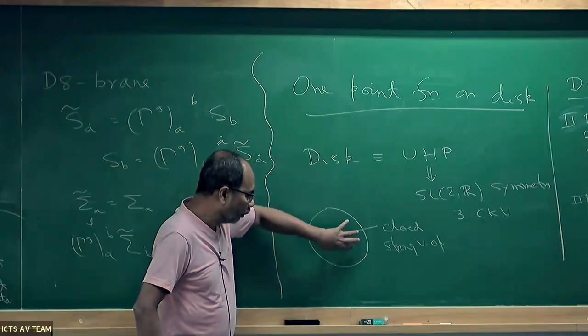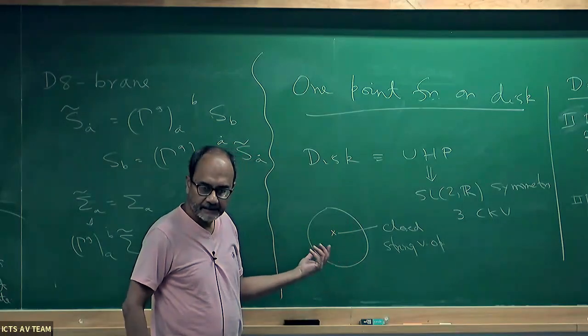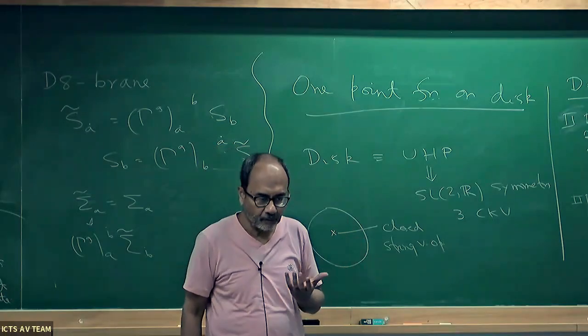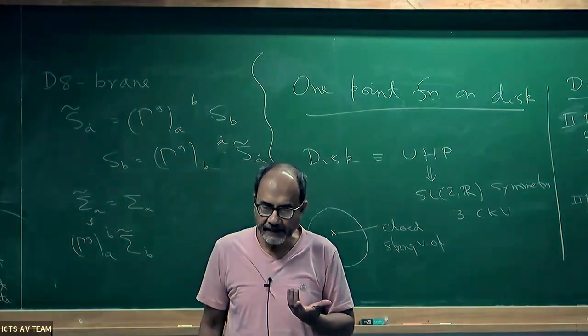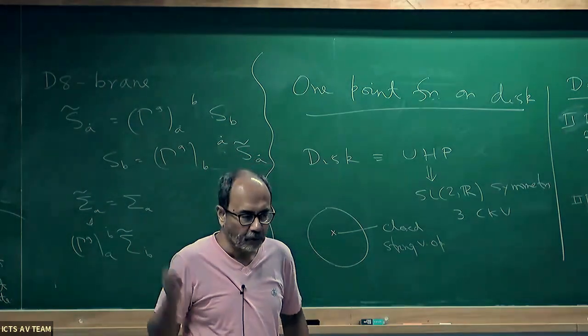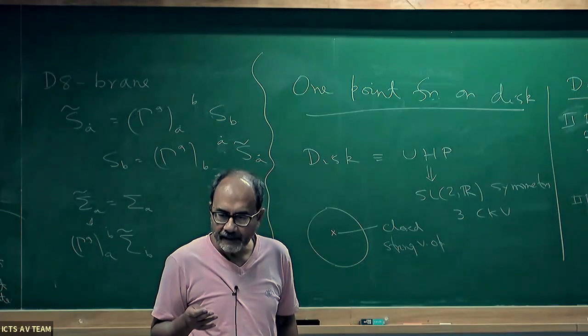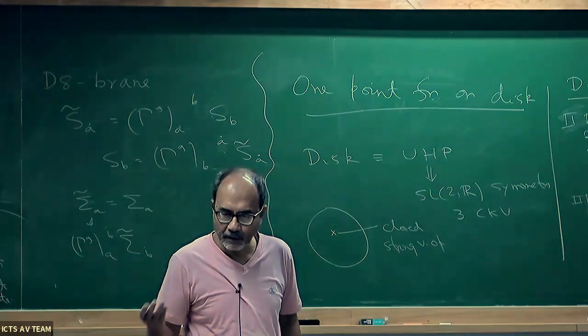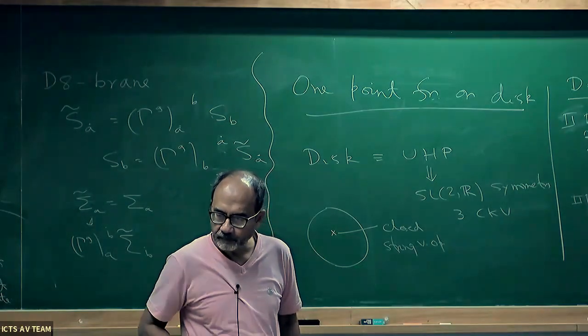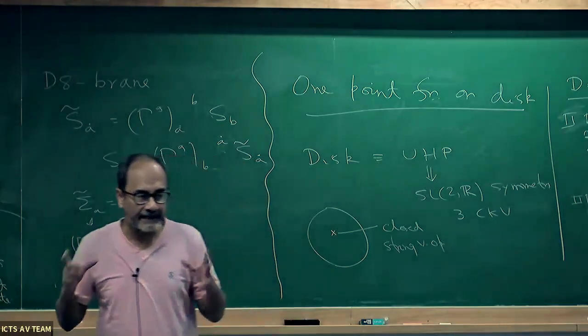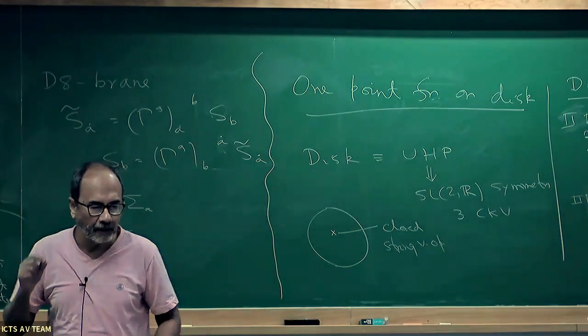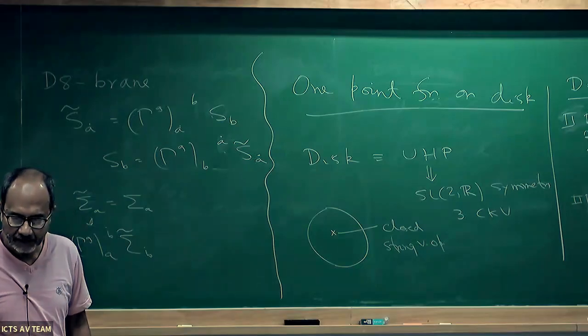That's rotation around the origin, and that's a compact group. So even if you divide by the volume of that rotation group, you don't get 0. You get a non-zero result.